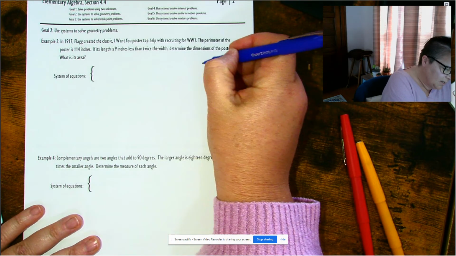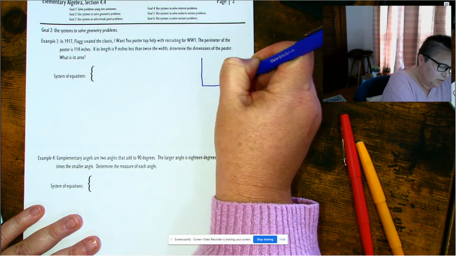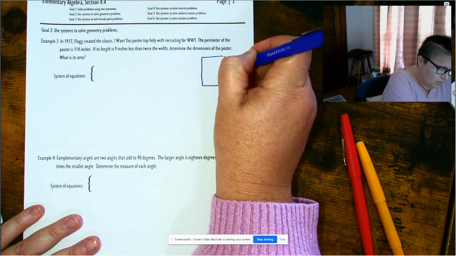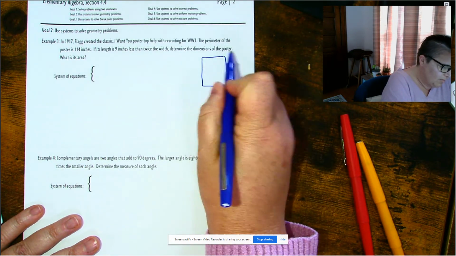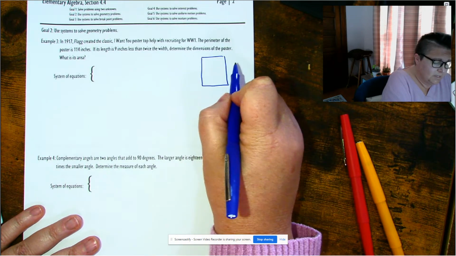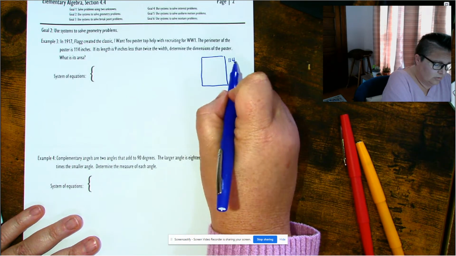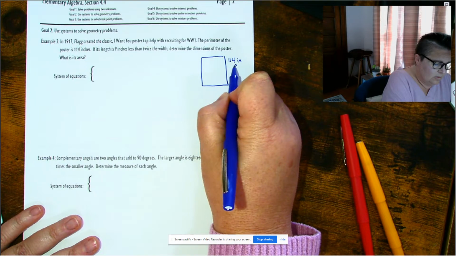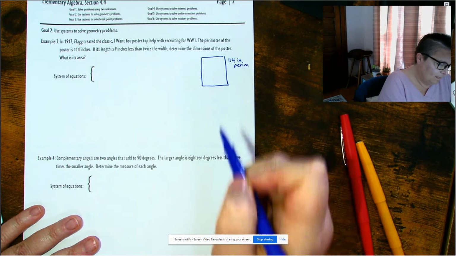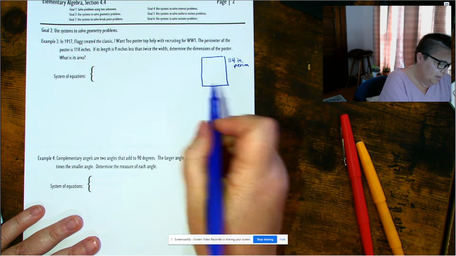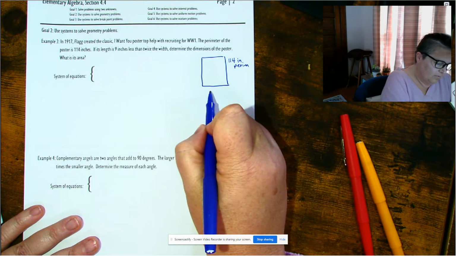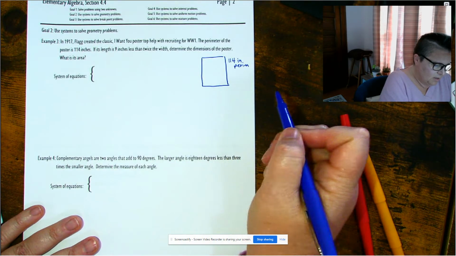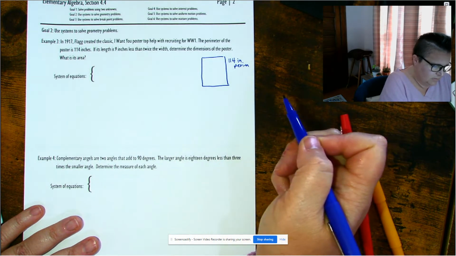Okay, so the idea here is that you have a poster, and that poster will be some rectangle. And the perimeter of that poster is 114 inches. Okay, the length, if I go this way, well, I don't know length and width. It really shouldn't matter.